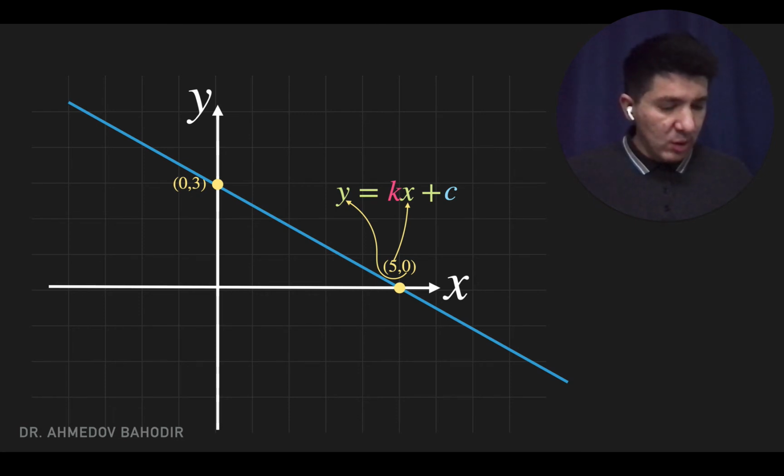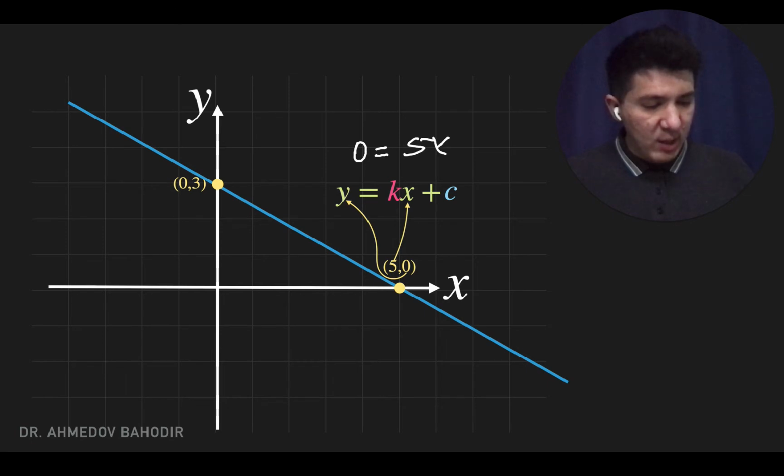If I substitute the coordinates of the first point, it's going to be 0 equals 5k plus c. And if I substitute the coordinates of the second point, it's going to be 3 equals 0 times k plus c.